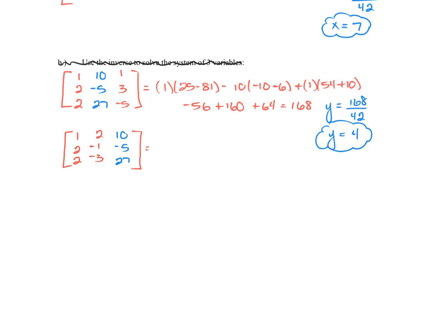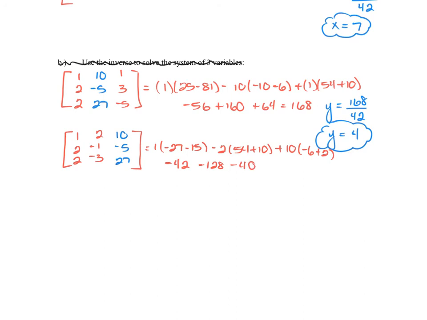So very quickly, this would be my 1. You should have a -27 minus a 15 minus your 2 and your 54 plus your 10 plus your 10. Sorry, -6 plus a 2. So we'll have a -42, a -128, and a -40.